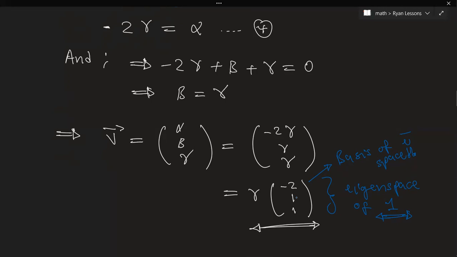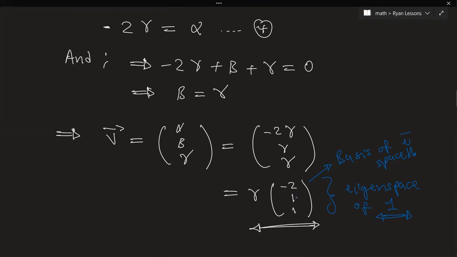Why is it called the geometric multiplicity? Is it because you can multiply it if lambda was something else? No. The geometric multiplicity is a number which tells us how many vectors form the basis of the eigenspace.